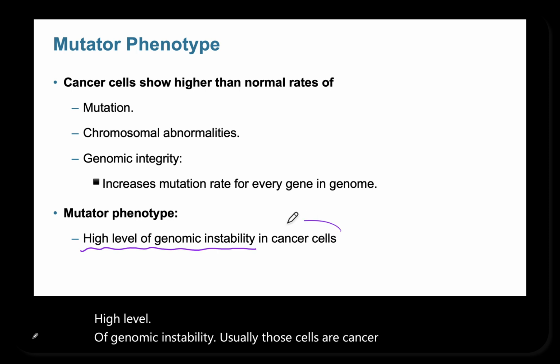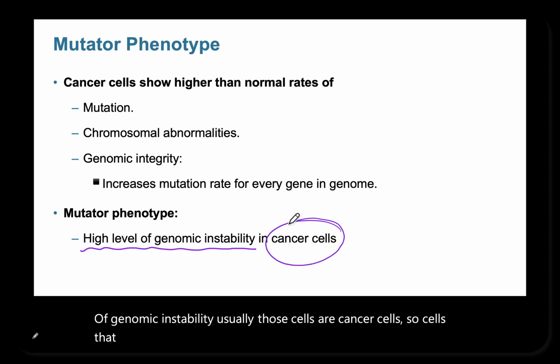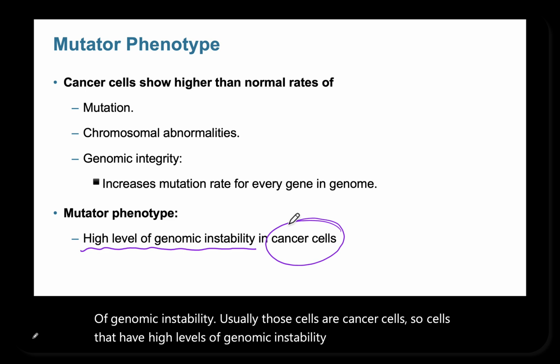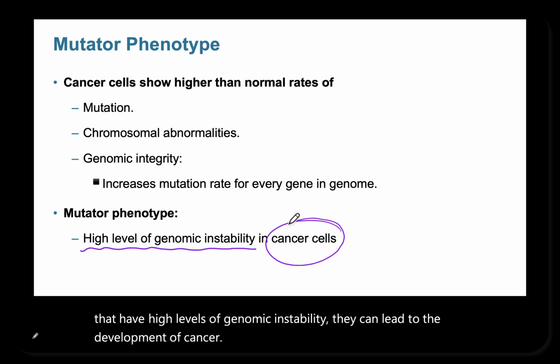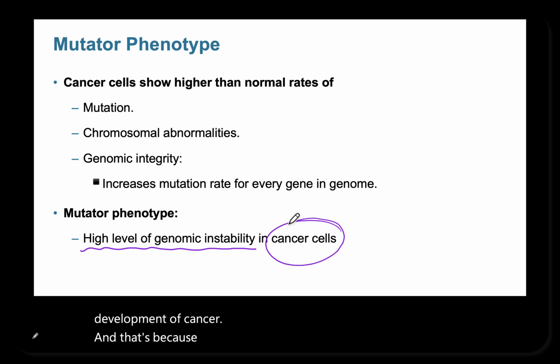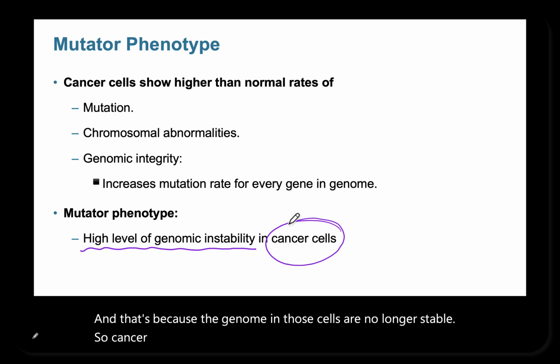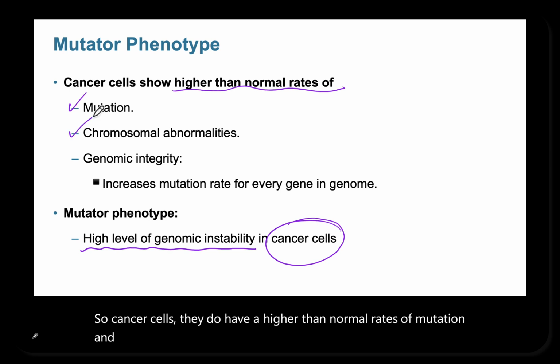So cells that have high levels of genomic instability can lead to the development of cancer, and that's because the genome in those cells is no longer stable. Cancer cells have higher than normal rates of mutation and also chromosome abnormalities or instabilities.